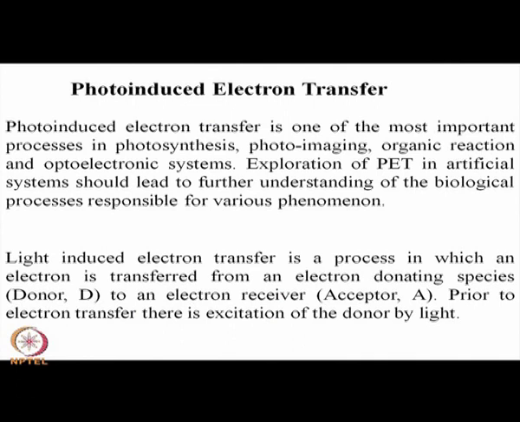Like in a photomultiplier tube, photoelectrons are ejected as a result of incidence of fluorescence photons. If there is some receiver, then they can be taken.